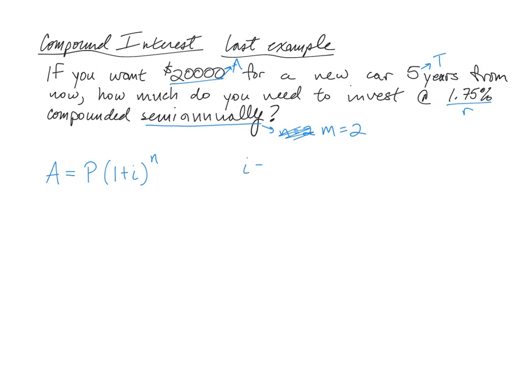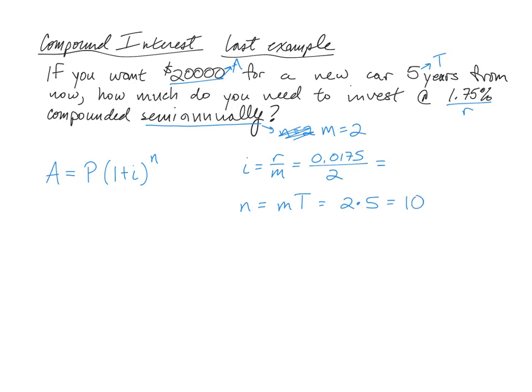So I is R over M, and remember we need this to be a decimal, so it'll be 0.0175. The number of compoundings per year, if it's semi-annual, is 2. We can divide that out in a second. And N is M times T, or T times M. And this one I can do more readily in my head. M is 2, T is 5, that is 10.